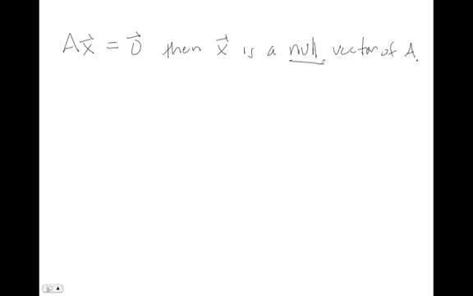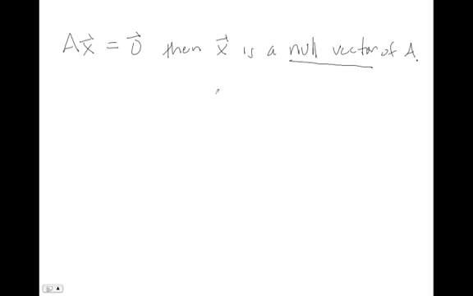I'm also interested in vectors x that, when I multiply by A, I get the 0 vector. So if I take A times x, and when I compute that I get the 0 vector, then x is a null vector of A. This is a definition. So what is a null vector?